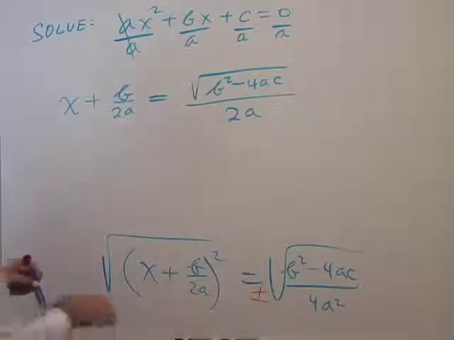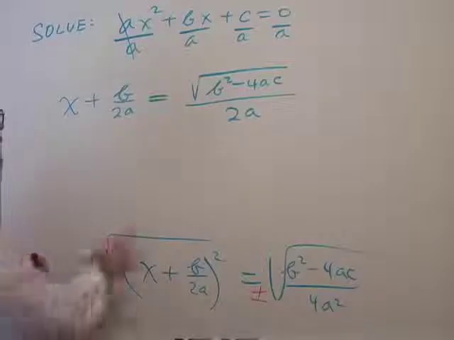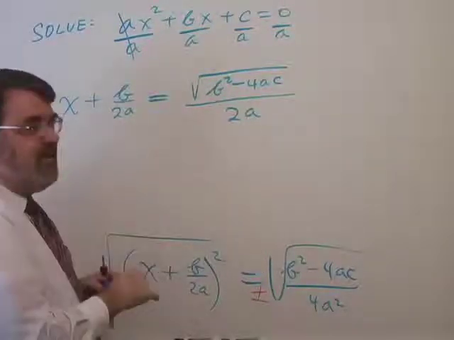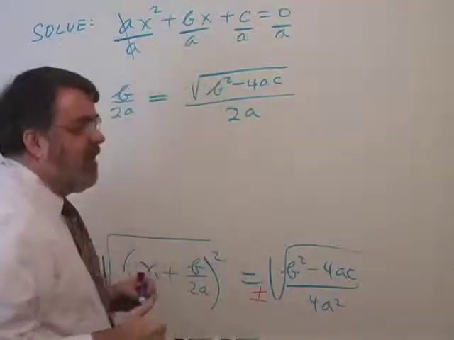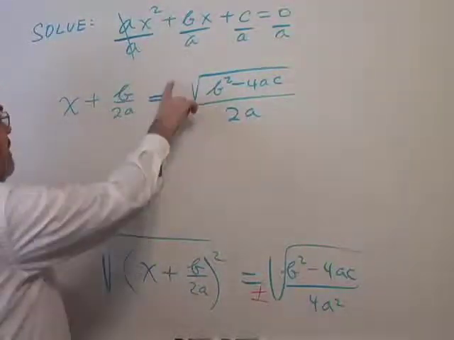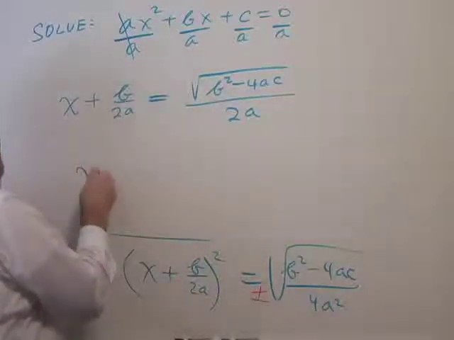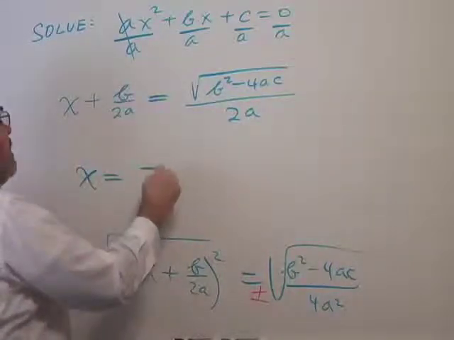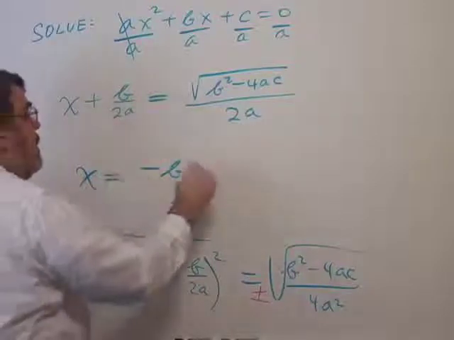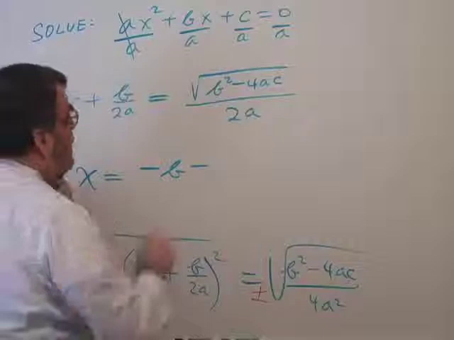And what's nice here is these two fractions have the same common denominator, so I'm going to subtract this fraction in order to transfer it to the right side of the equation. So by subtracting b over 2a, it'll become a minus b over 2a, and those two fractions will combine. So I end up with x equals negative b minus, whoops, I forgot something important here.